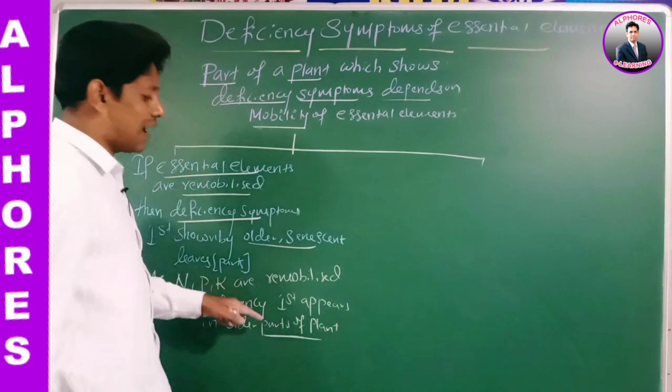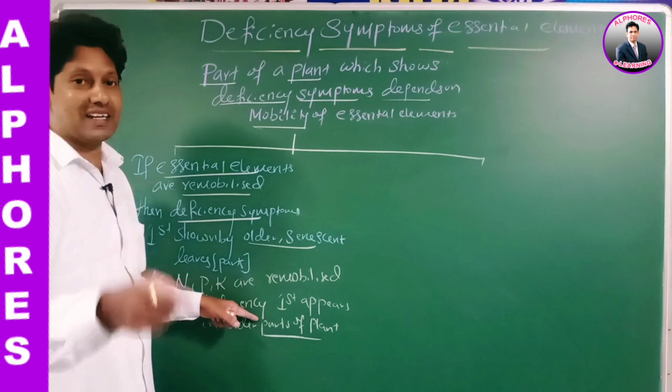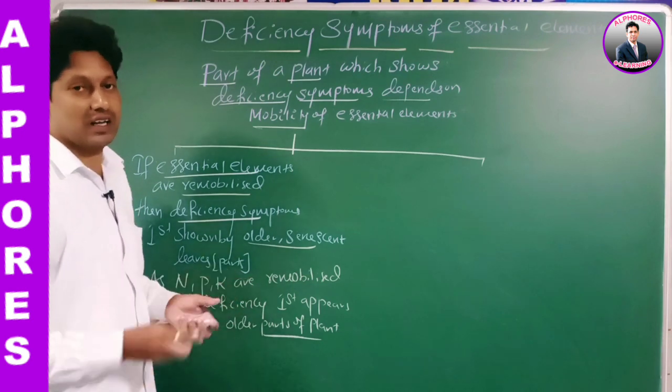So older parts of a plant are affected first if essential elements are remobilized.